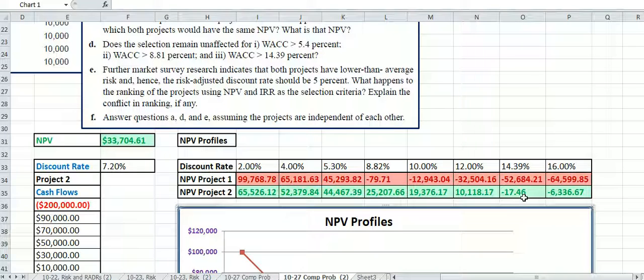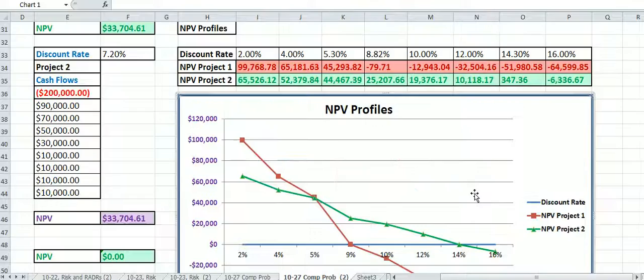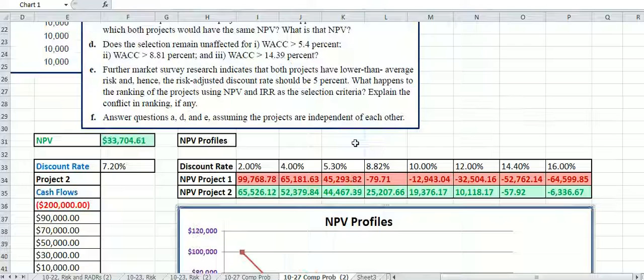So it's going to be positive, I would assume, at 14.3. Yes, it's just a little bit positive. So right there, 14.39 is the discount rate where the net present value of project 2 goes negative. And so if we had a discount rate of higher than 14.39, we wouldn't want to do project 1 or 2, right?